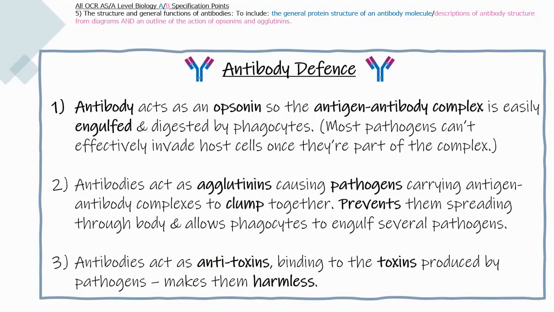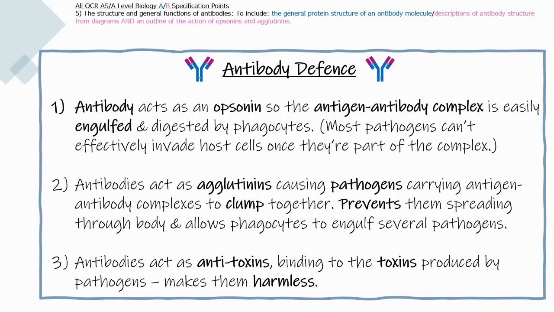So antibodies act as many different things in order to defend the body. So they act as opsonins, which we discussed previously as chemicals involved in phagocytosis. So antibodies acting as opsonins allow antigen-antibody complex to be easily engulfed and digested by these phagocytes. They also act as agglutinins, and these are what allows the antibody-antigen complexes to clump together.